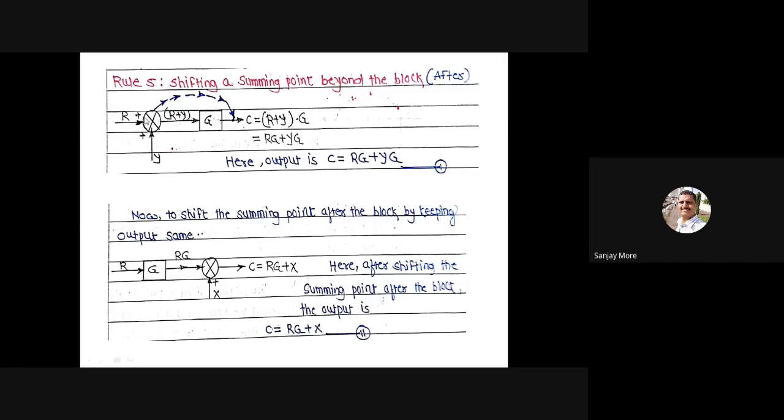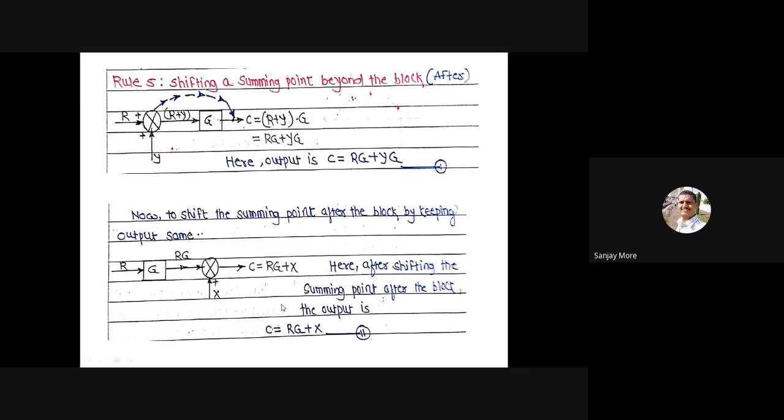Then rule number 5, shifting a summing point beyond the block, or after the block, meaning this summing point after the block is shifted here. Okay. So this output is R plus Y into G, meaning RG plus YG. Here output C is equal to RG plus YG, equation 1. Then this summing point is shifted here, after the block, meaning C is equal to RG plus X. So equation 1, C is equal to RG plus YG, and equation 2, C is equal to RG plus X. This is before shifting the summing point and after shifting the summing point.